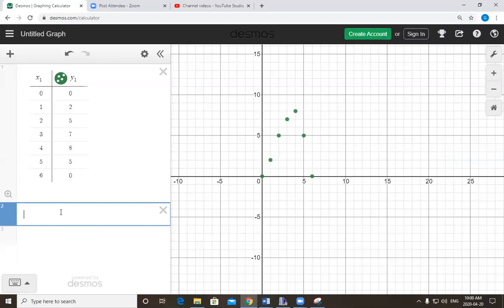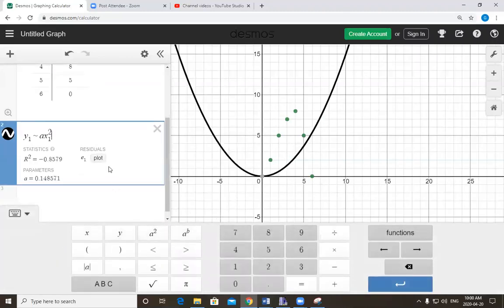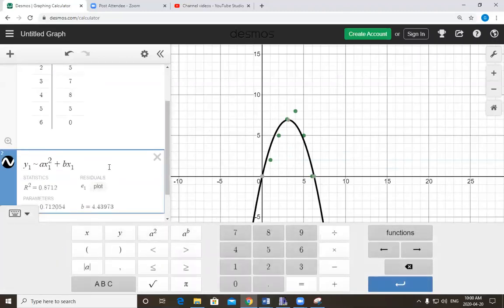And so again, let's say we tried a quadratic, and you didn't know. So we did y1 tilde ax1 squared plus bx1 plus c, and you'd notice that we get an 89% r squared value. So it's trying to make the data fit, but it is only about 80 to 90% accurate.